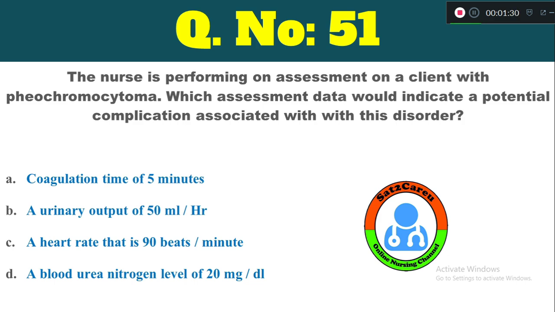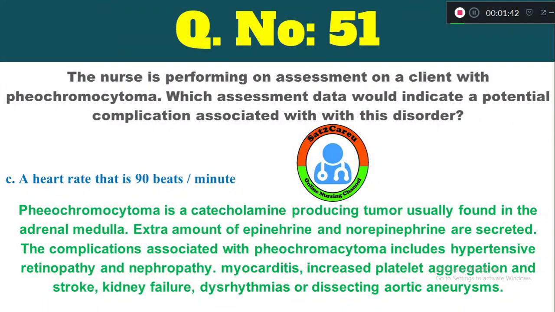So in pheochromocytoma, the assessment data which indicates a potential complication of this disorder, the right answer is option C, a heart rate of 90 beats per minute. Pheochromocytoma is a catecholamine producing tumor usually found in the adrenal medulla.